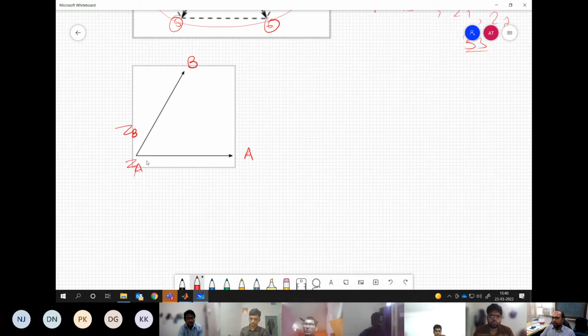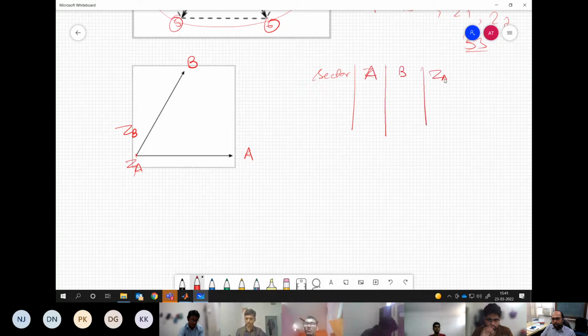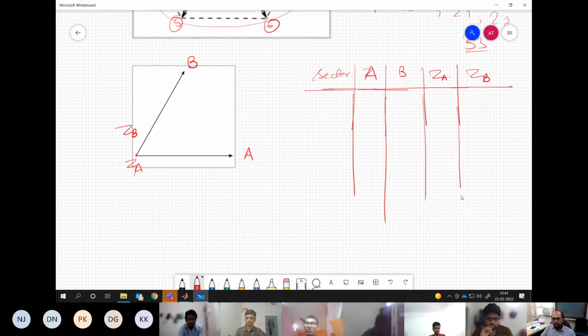That is what we have in all the sectors. We have 2 active vectors and 2 zero vectors, each of which is close to one of the active vectors, right? Yes, sir. Now, if you have to write sector-wise, say sector, and then what is vector A, what is vector B, what is vector ZA, what is vector ZB, you can very easily write it similar to what we wrote in the previous table.